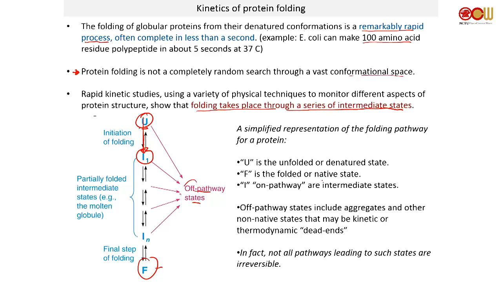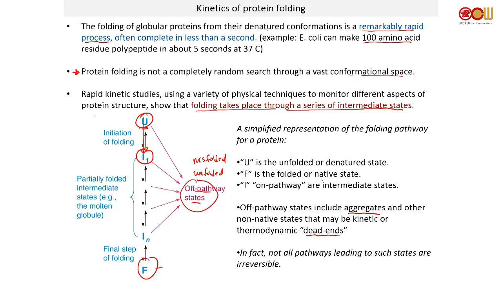So these are essentially the unfolded, misfolded states. Now, a lot of these unfolded or misfolded states, some of them are reversible. A lot of times, they're not reversible. So if they're not reversible, then they form aggregates, which essentially means your protein folding process reaches a dead end.